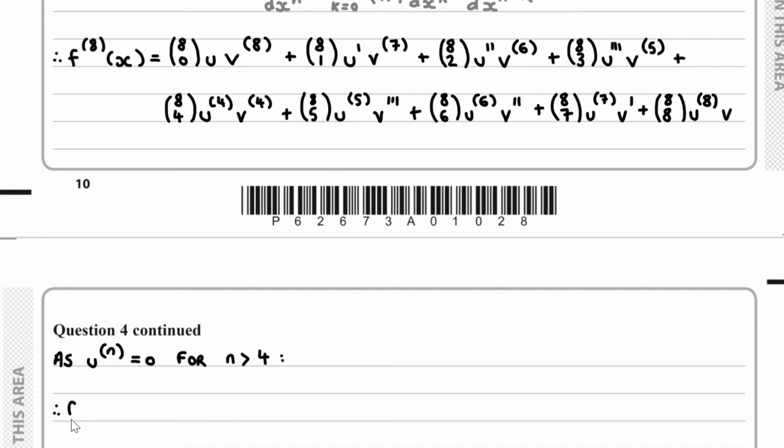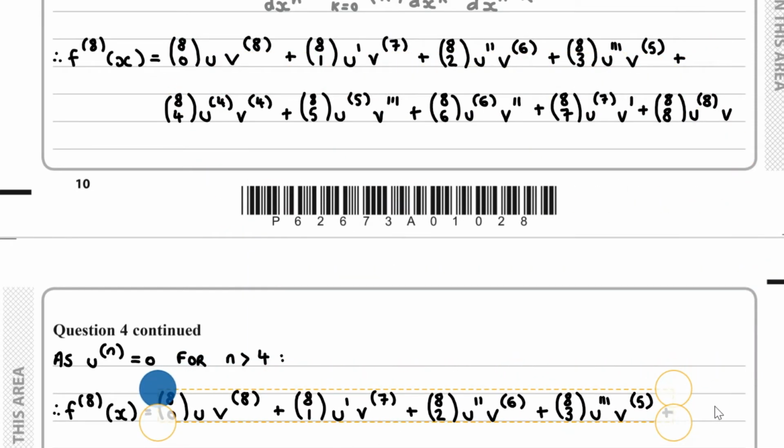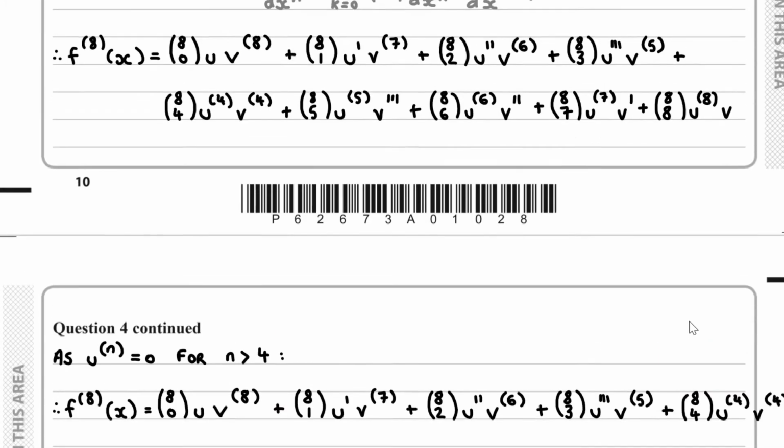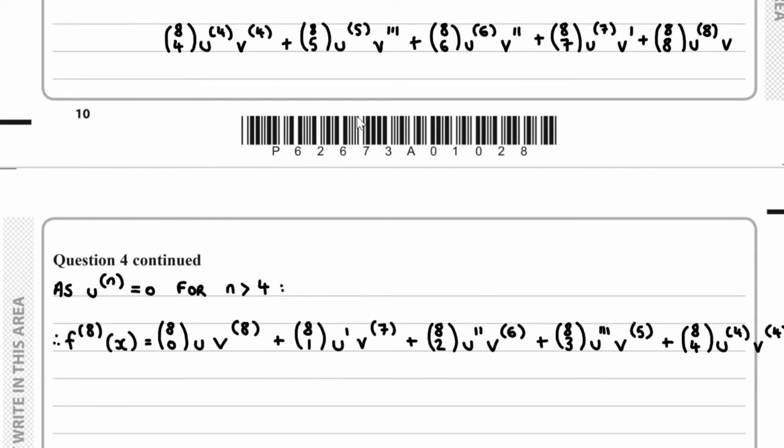So the 8th derivative of f, well, what we have is all these terms which we can still use, but we can't use anything beyond that, because the nth derivative is equal to 0 for n being greater than 4.